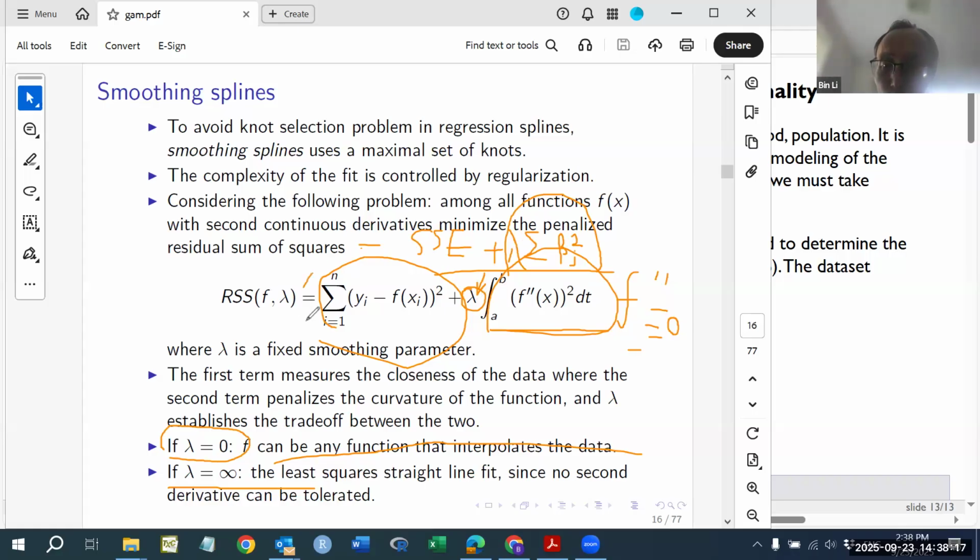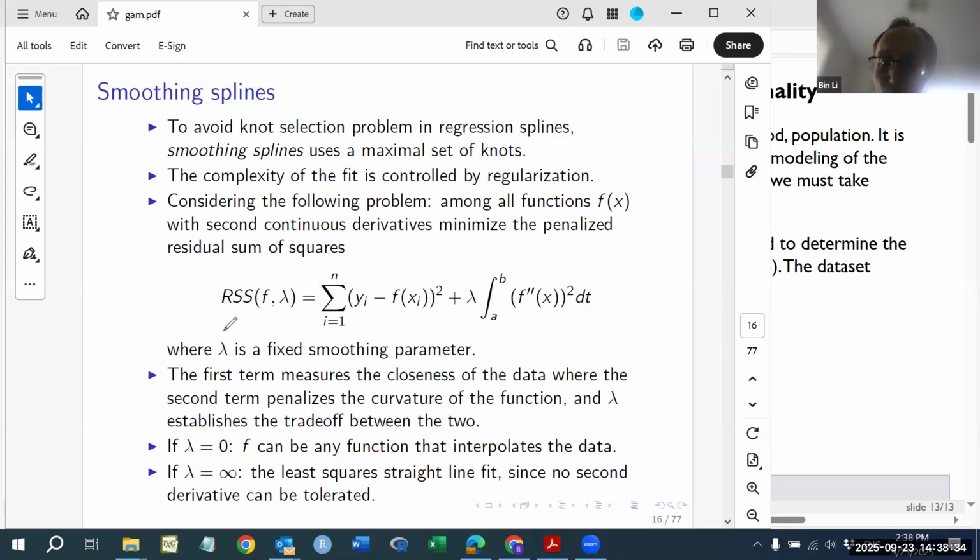But it doesn't end here. We don't know the solution for this. This looks fine, a good objective function, but what is the solution? Can we solve that easily? The answer is yes. First I want to warn you that this solution at first sight is very complicated, because I know some of you are from the math department.